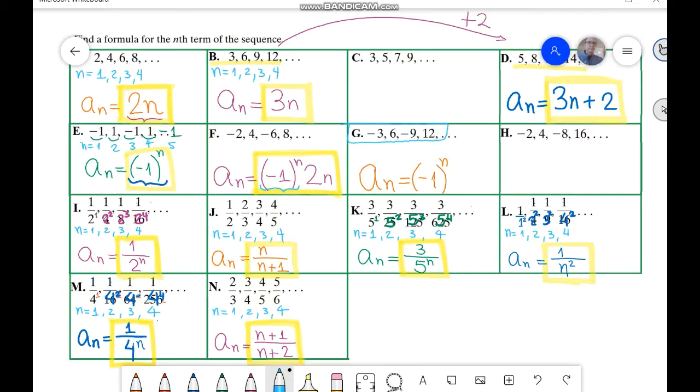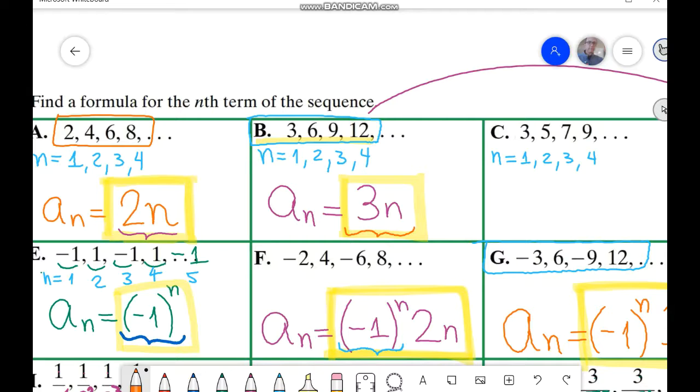Compare only the numbers, not the signs. Look, letter B. See, the numbers look the same. So we can multiply this, that represents the sign, by 3n. And that is letter G: (-1) exponent n times 3 times n. Thank you, Lorena.